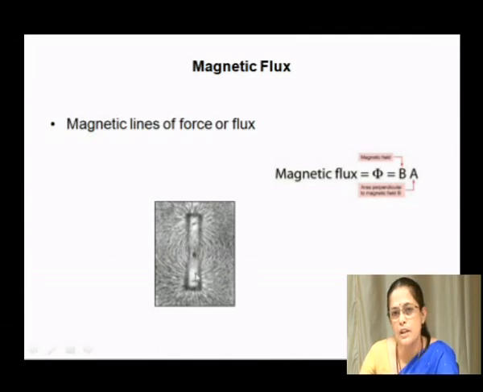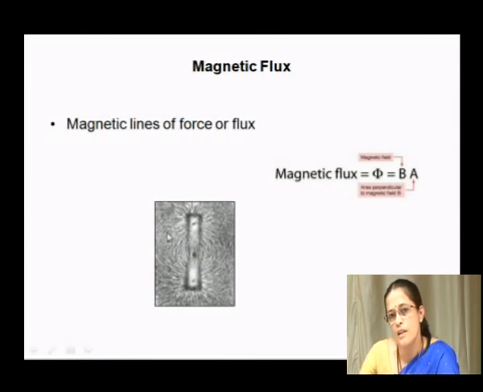You can observe that the iron filings start aligning or rearranging themselves in a particular pattern, and the lines here show that pattern.